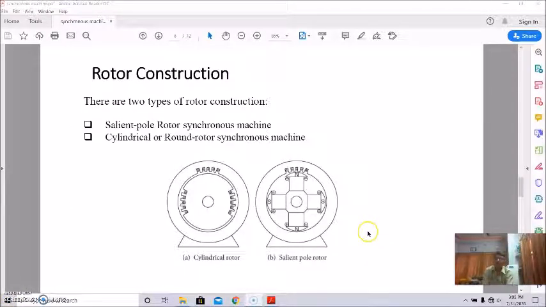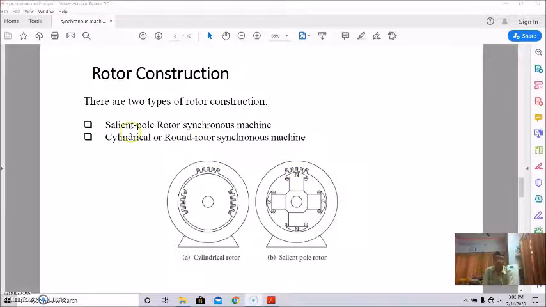Now we'll discuss rotor construction. Basically, synchronous machines have two types of rotor construction: salient pole rotor synchronous machines, and cylindrical or round rotor synchronous machines.